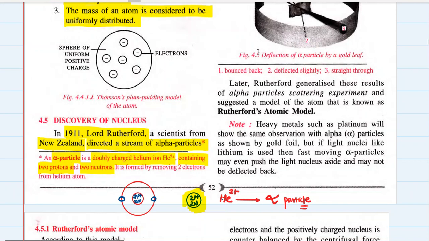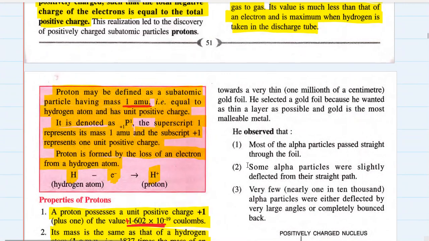So Lord Rutherford directed a stream of alpha particles. Stream means there were thousands and thousands of alpha particles in that stream, directed towards a very thin gold foil. How thin? One millionth of a centimeter thin.